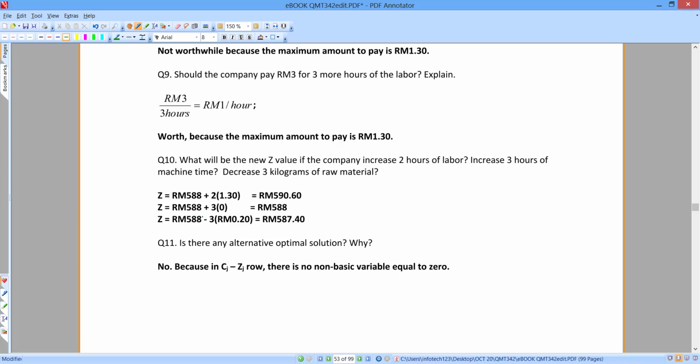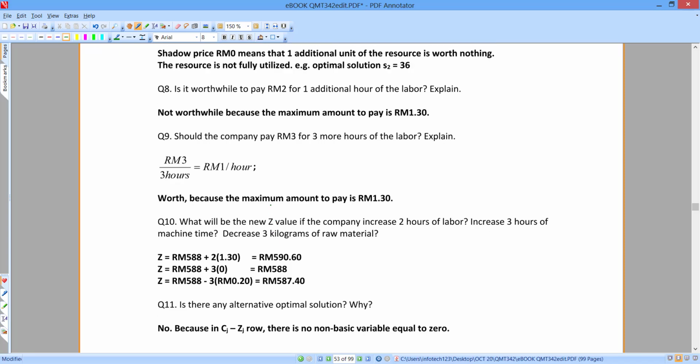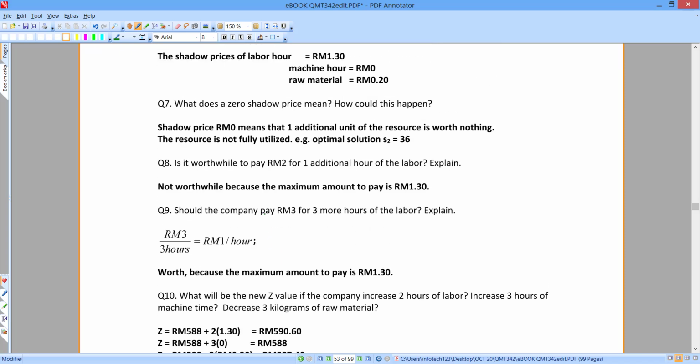So you need to multiply and plus from the value of the profit 588, we plus with another 2 hours of labor. So the value of the shadow price is 1 ringgit 30 cent. So you need to multiply with the shadow price lah. You will get the new value here, 590.60. 588 plus 3 multiply with 0. Okay, why 0? Because our shadow price for Z is 0. Okay, check.